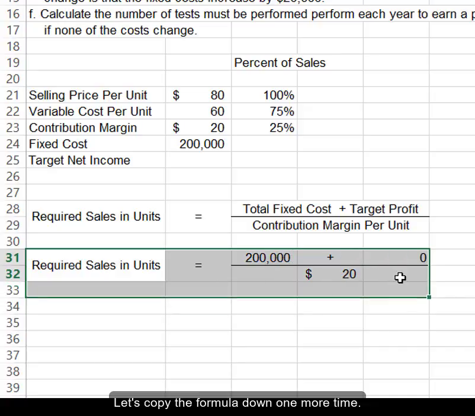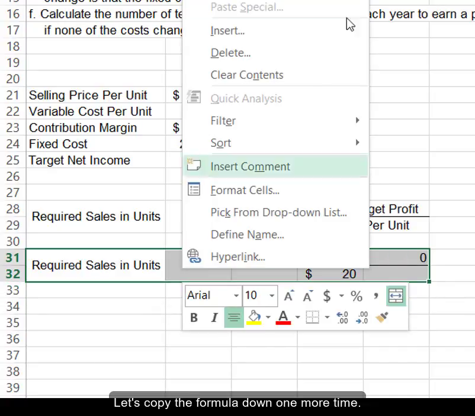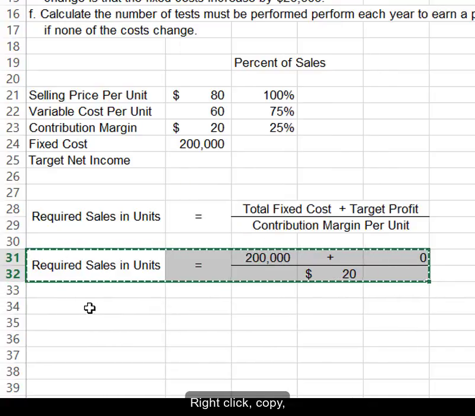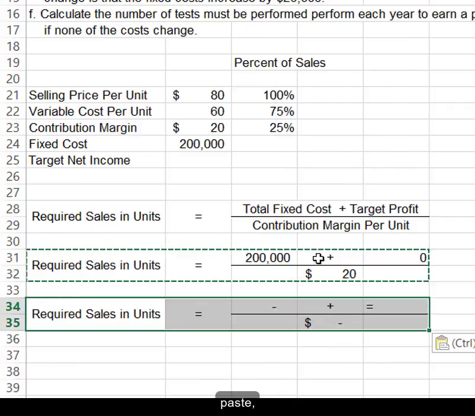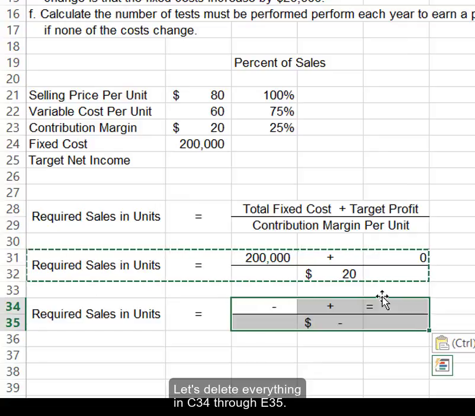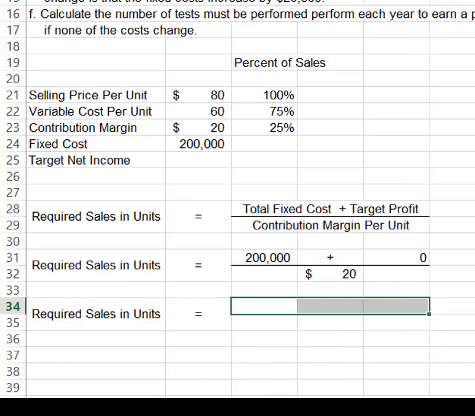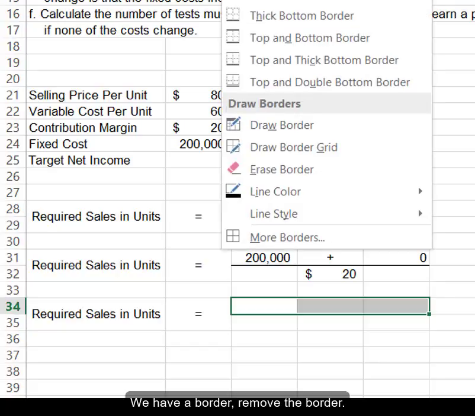Let's copy the formula down one more time. Right-click, copy, skip a line, paste. Let's delete everything in C34 through E35. We have a border, remove the border.